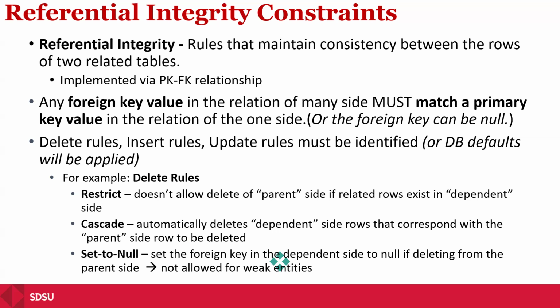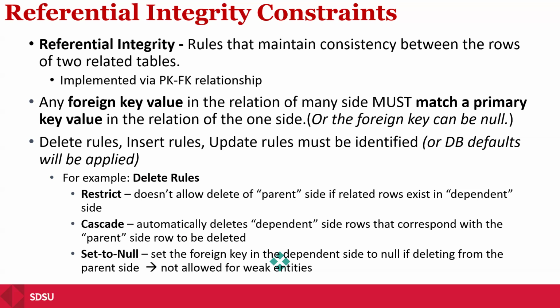But if we do, the foreign key can be null too. And within the referential integrity constraints, we have various rules. We have delete, insert, and update rules, and all of those rules must be set when we create tables within the database. And here's a couple of examples.